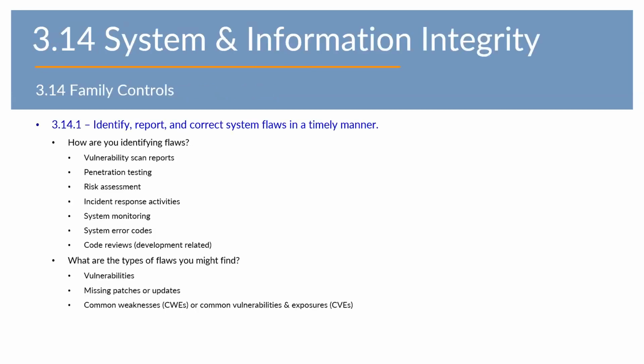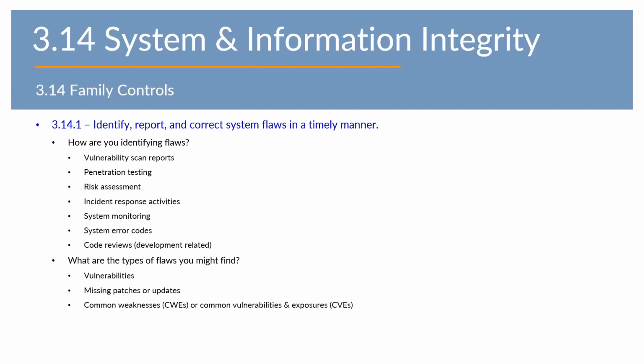In 14.1, we talk about how to identify, report, and correct system flaws. And system flaws is ambiguous here. It depends on how you read it, what type of work you're in, what you're used to. Some folks will look at this as coding flaws. Some will look at it as misconfigurations in a system. Some could be vendor related.